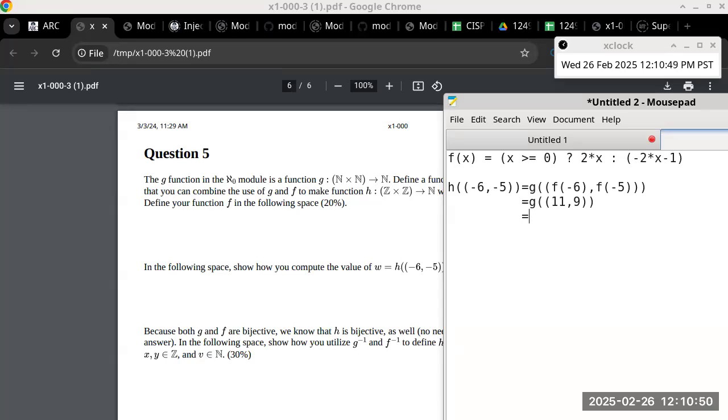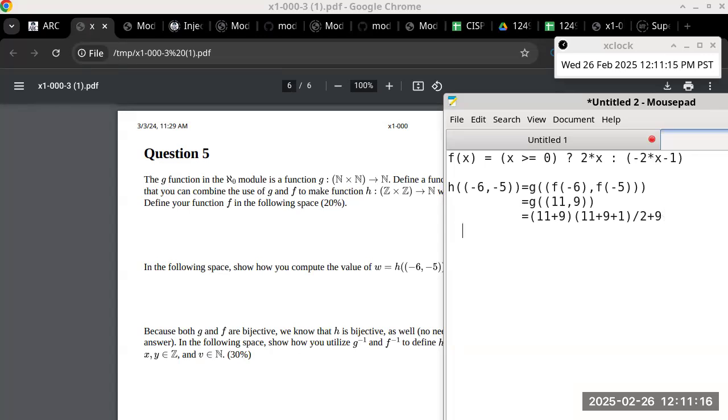There's only one g function in the entire aleph null module, and the question did say very specifically we're looking at the g function of the aleph null module. So now we say this is 11 plus 9 times 11 plus 9 plus 1, the whole thing divided by 2 plus 9, because 9 is the quote-unquote y coordinate.